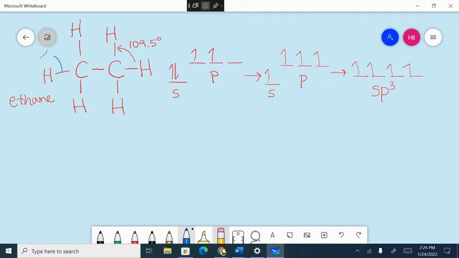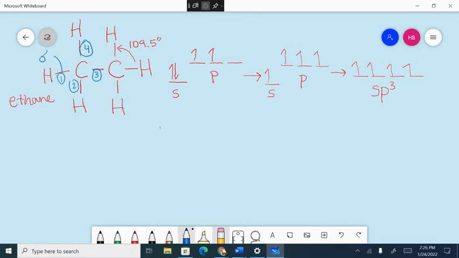So single bonds are called sigma bonds. So each carbon has 1, 2, 3, 4 sigma bonds, or 4 single bonds. And notice that 1s and 3p electrons had to hybridize. So if you count those superscripts, it'll add up to the number of sigma bonds.